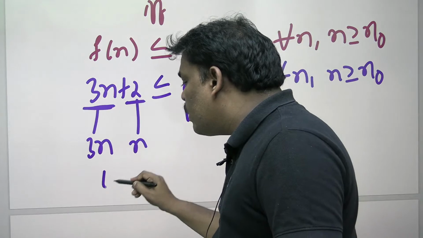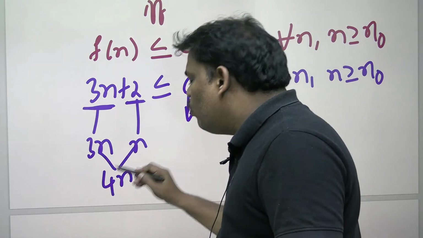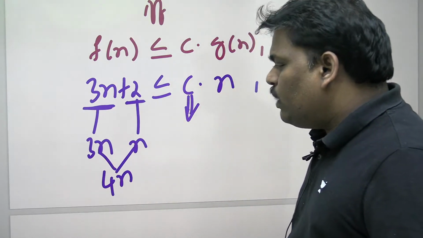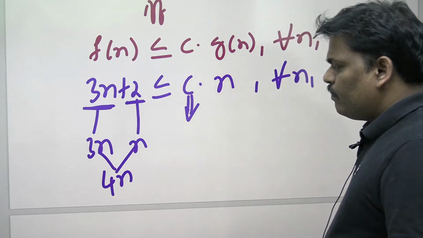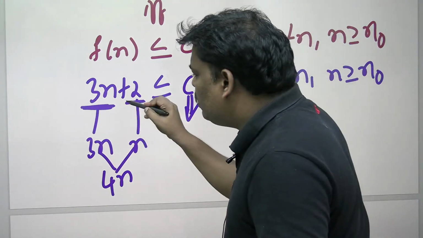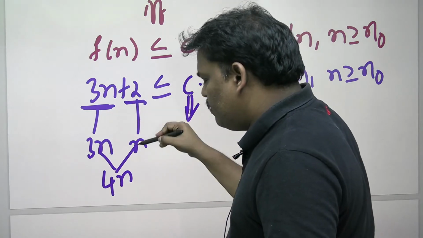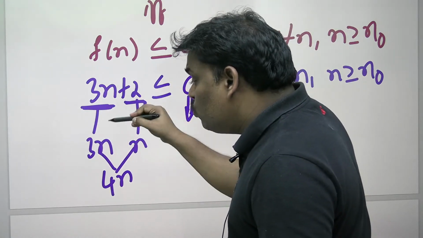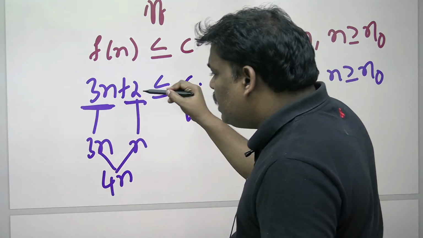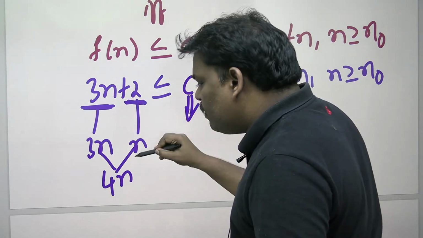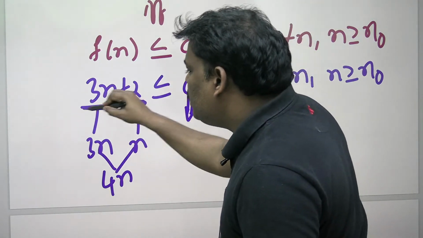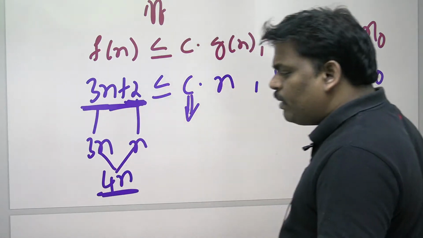It will become 4n. You only say 3n plus 2 and 4n, who is bigger? Comparing 3n and 2, 3n is bigger. Here 2 is there, I assumed n, so 4n. Comparing 3n plus 2 and 4n, 4n is bigger.